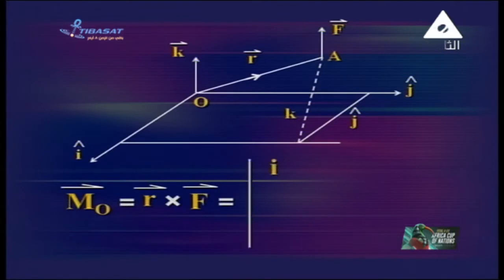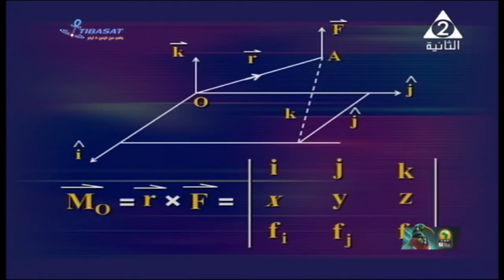By using the determinant, we know, my dear student, the determinant has the first row i, j, k, then the r vector, its components x, y, z, then the F vector, Fi, Fj, Fk.